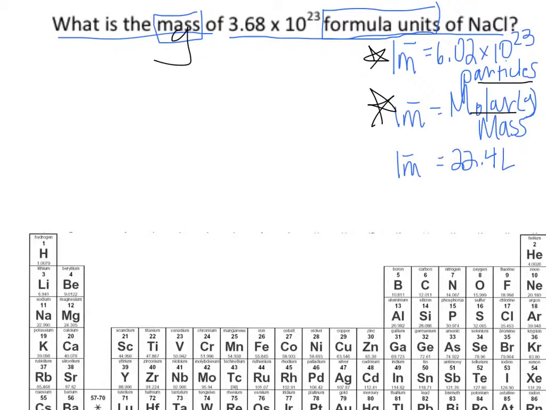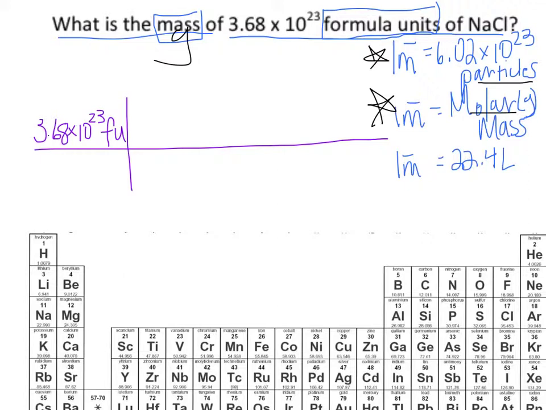So let's start. We start with 3.68 times 10 to the 23rd formula units. And we know that since formula units are up here, formula units will be down here.